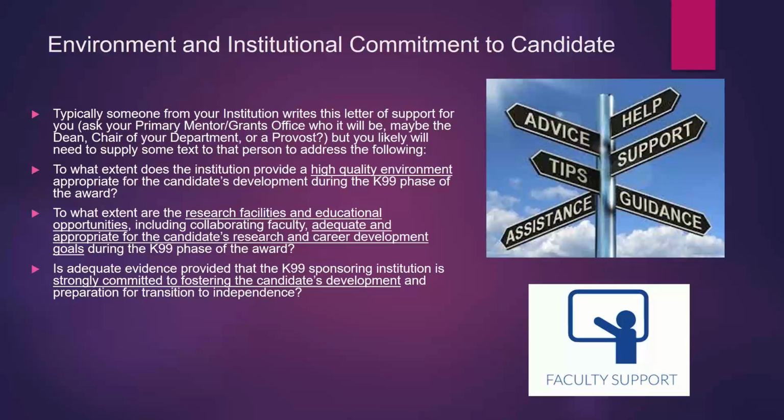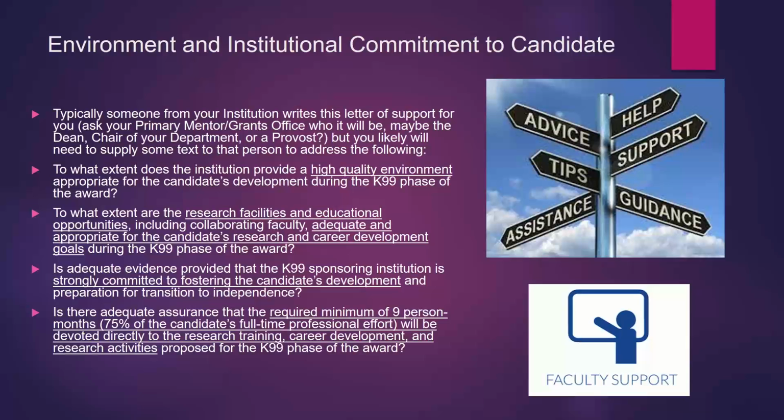Is there adequate evidence provided that the K-99 sponsoring institution is strongly committed to fostering your development and preparation for transition to independence? And is there adequate assurance that the required minimum of 9 person months, so 75% of your full-time professional effort, will be devoted directly to the research training, career development, and research activities proposed for the K-99 phase of the award?